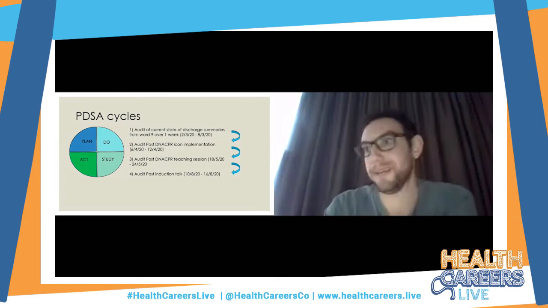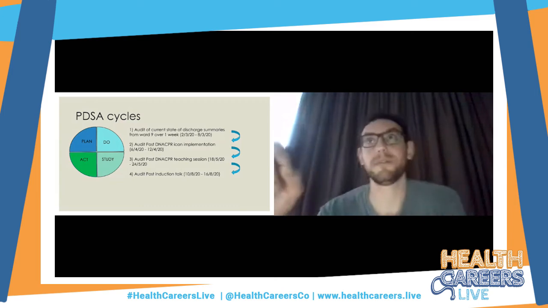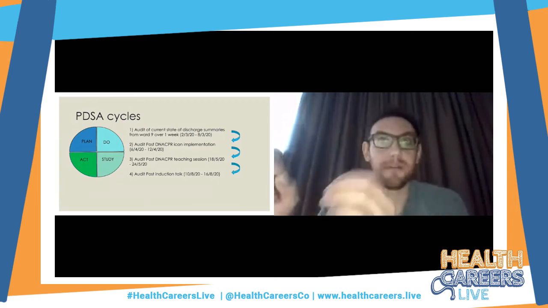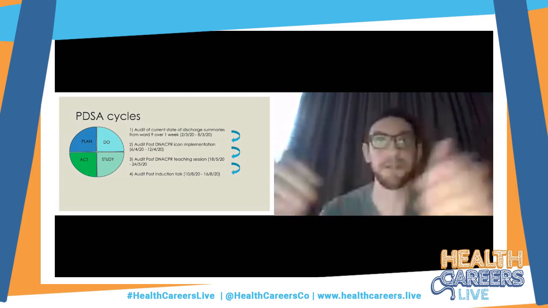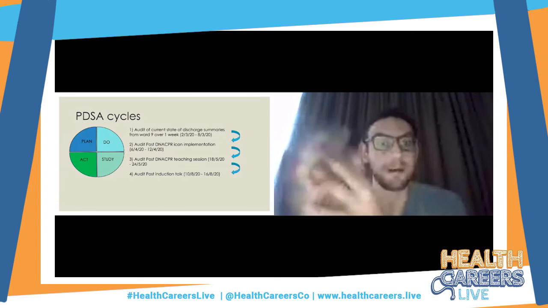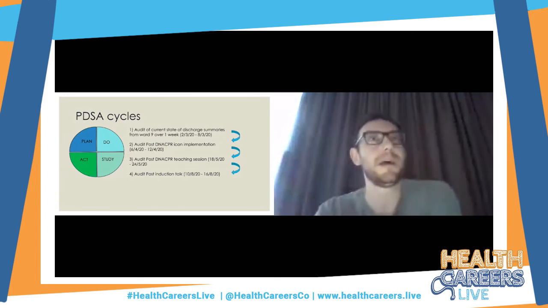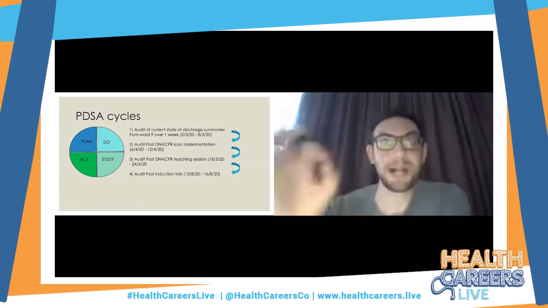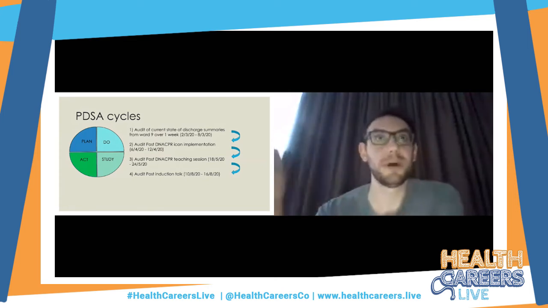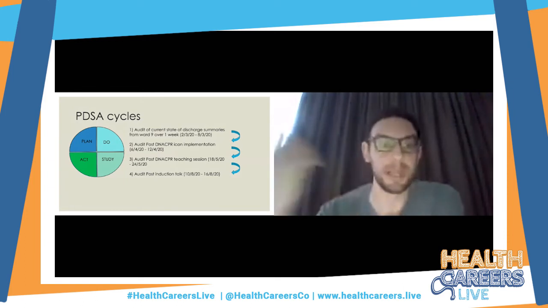And with our e-system, they implemented a change where if a patient was not for resus, there was an icon that would fill up the patient's notes, so you could see it on the ward plan that this patient is not for CPR. And we wondered, does that icon act as a prompt for whoever's writing the discharge summary? Is that improving the quality of the communication? So that was our first step.